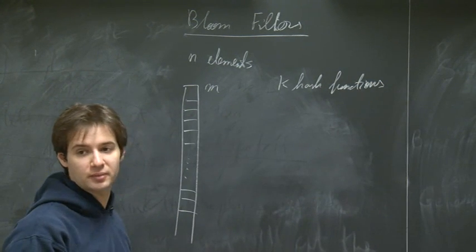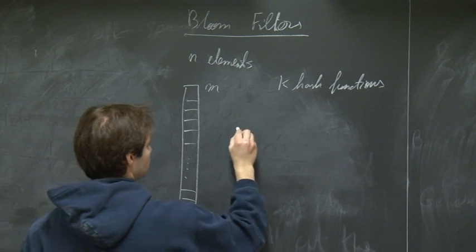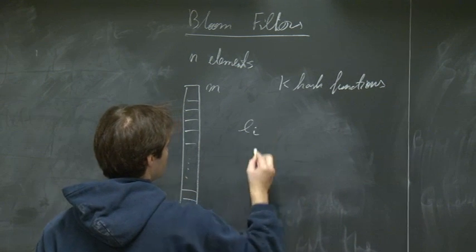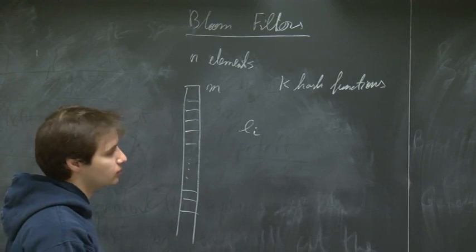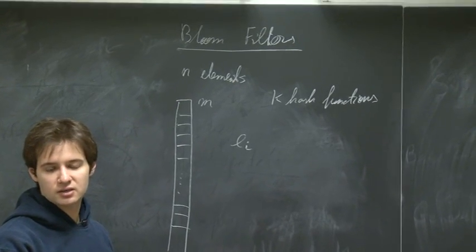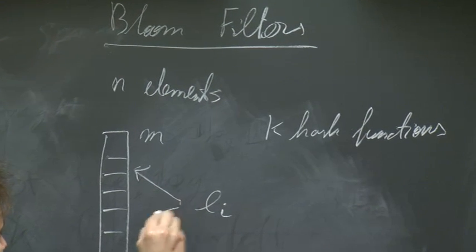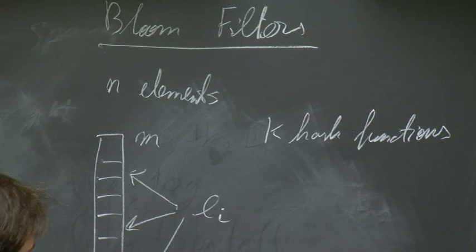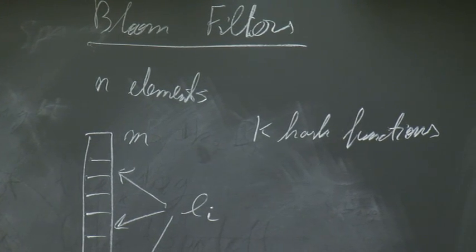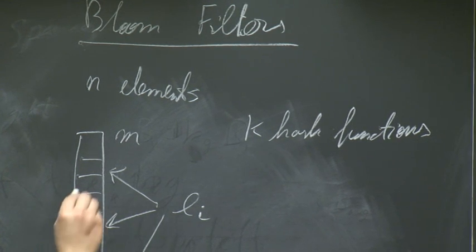To insert element Ei, we compute its hash value using all the hash functions and set all the corresponding bits to 1.